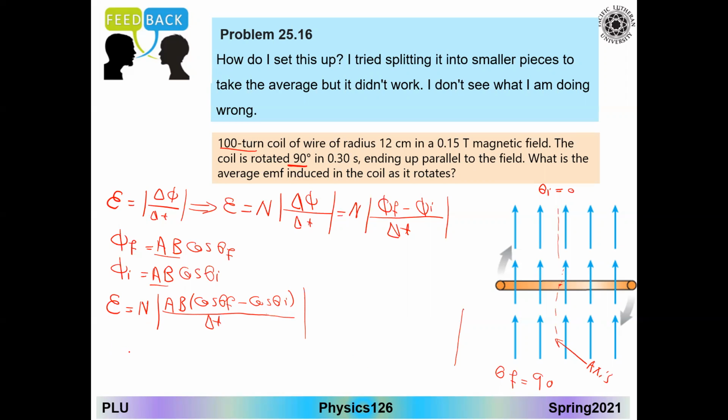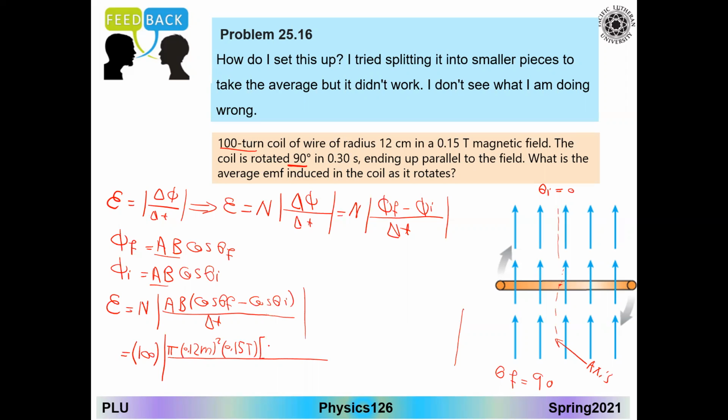Now let's plug the numbers into our formula. Here I have 100 turns times the absolute value. I have A, which is pi R squared, pi times 0.12 meter squared, times 0.15 Tesla.